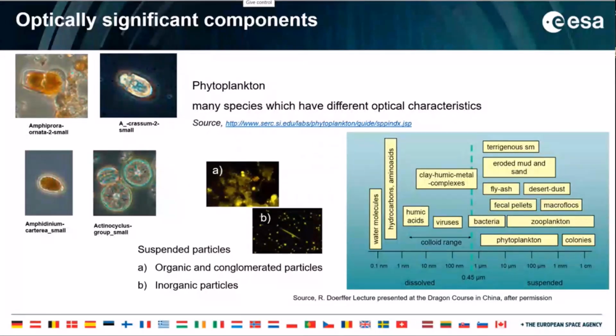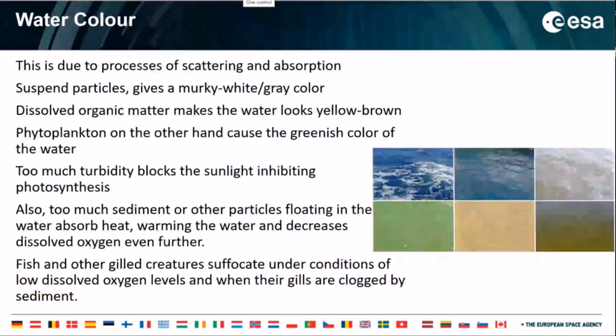All this ensemble of suspended and dissolved material gives something we call watercolor. This was done by one of my students in Brazil, between Brazil and Colombia, there in the sea. What you could see is, because of this interaction of light with those optically active components, we call them scattering and absorption. And this gives a specific color for the water surface.